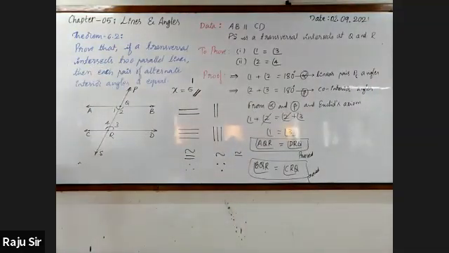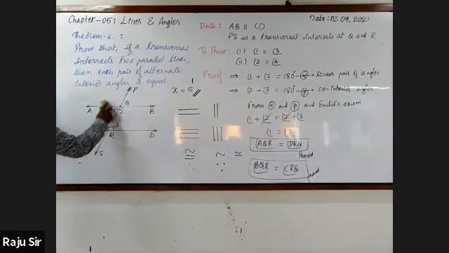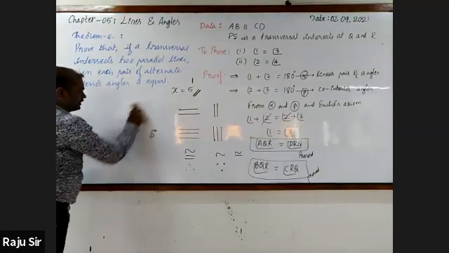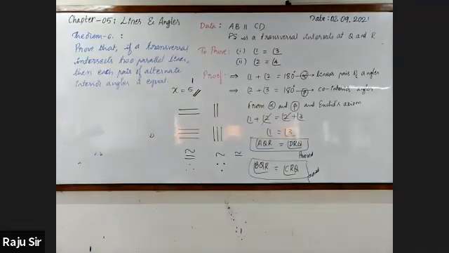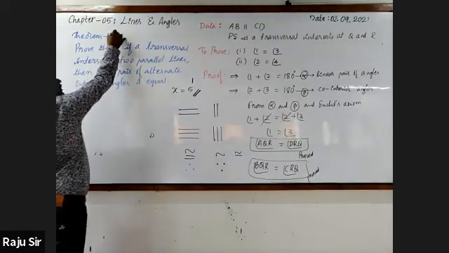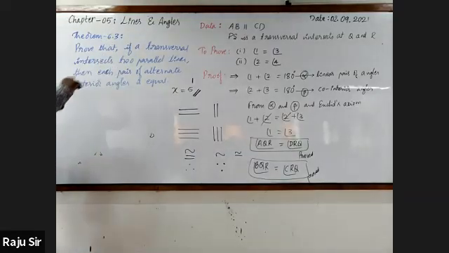Okay, now we are moving to another thing. Theorem 6.3. Listen here. Theorem 6.3 is the converse of 6.2, that is, converse of alternate interior angles.